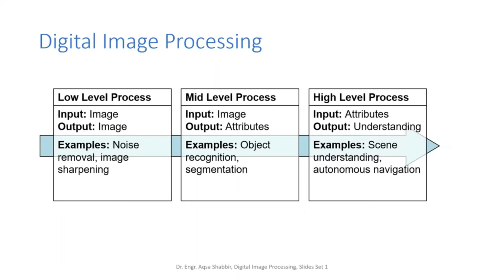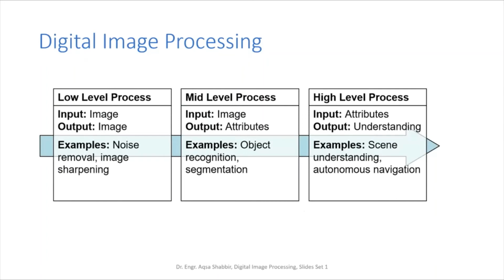Then in a high-level digital image processing system, the input to the system, which can be a program, an algorithm, or whatever, are features or attributes or characteristics of the image, and the output is a certain understanding or a certain action.